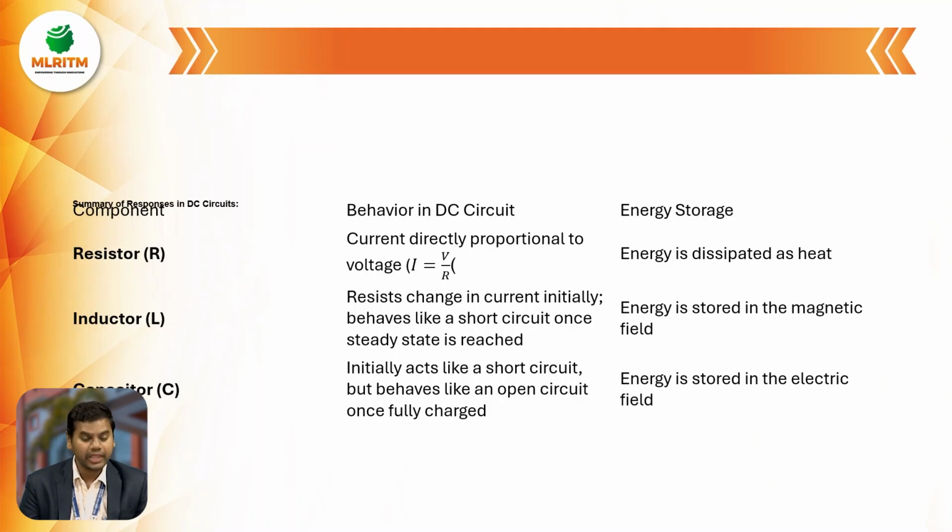Next, the inductor resists change in current; initially it behaves like an open circuit, and once steady state is reached it behaves like a short circuit. Energy is stored in a magnetic field. The capacitor initially acts as a short circuit but behaves like an open circuit once fully charged. Energy is stored in an electric field.